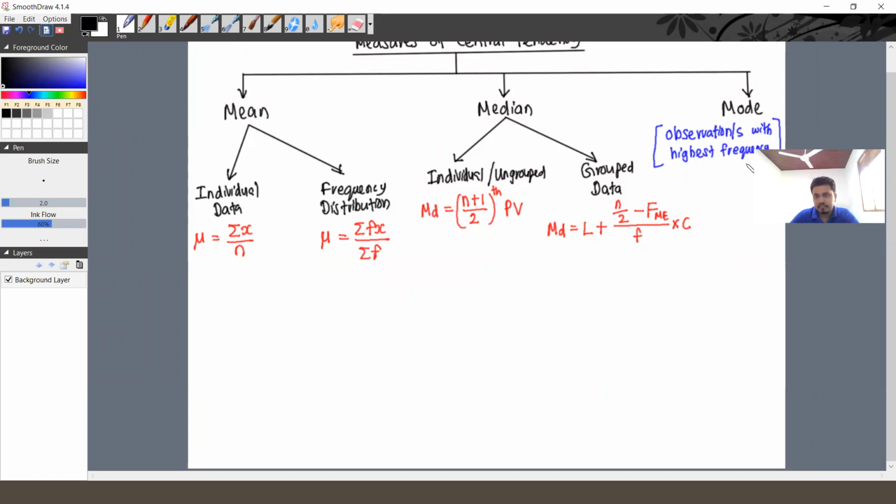But if we are provided with a group data set, then we can use this formula to find the mode value.